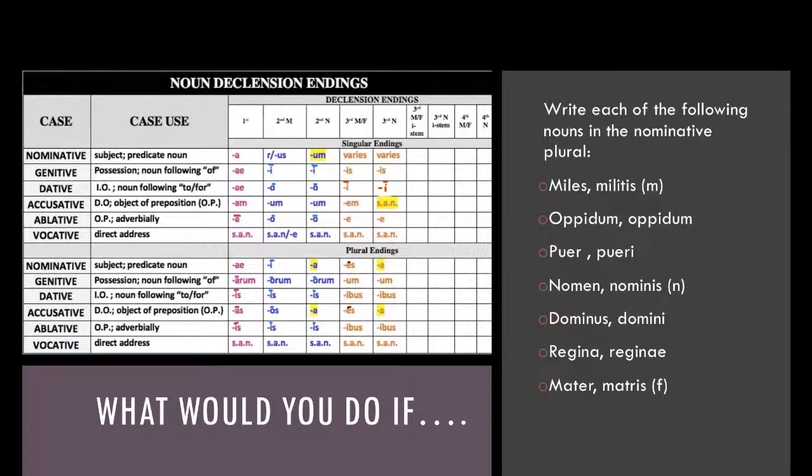But suppose I want you to take a noun like miles, militis, for example, and use it like the direct object in a sentence. How will you know which of the direct object endings to add to it? Should you use AM or UM or EM? If it's plural, do I use AS, OS, A, or ES?